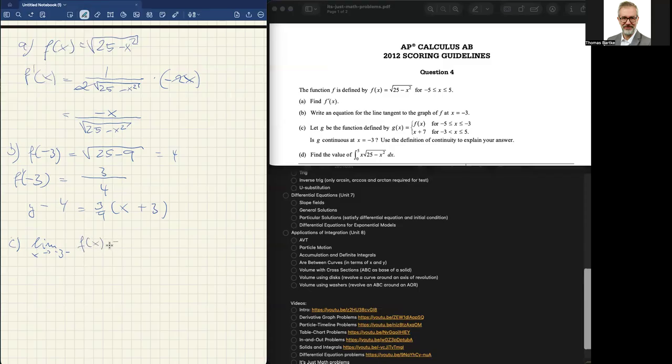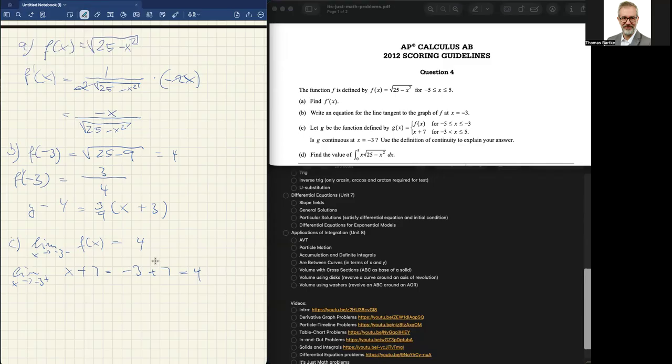And that has to be, let's just see what that is, because we've already found that, right? The limit of f of x is 4. We can just use direct substitution on that one. f of negative 3 is 4, so we already know that. And then the limit as x approaches negative 3 from the right, we have to use x plus 7. And we can also use direct substitution in that one. That's negative 3 plus 7, and that is also positive 4.